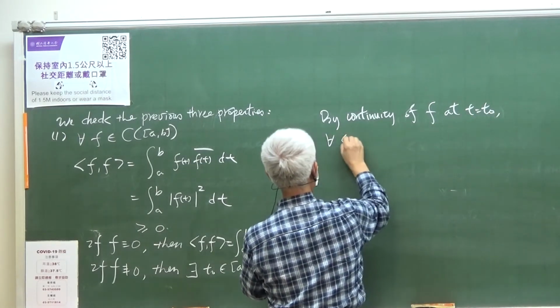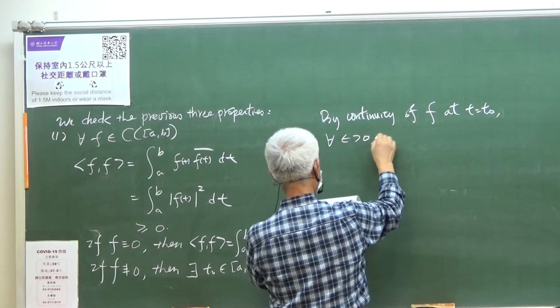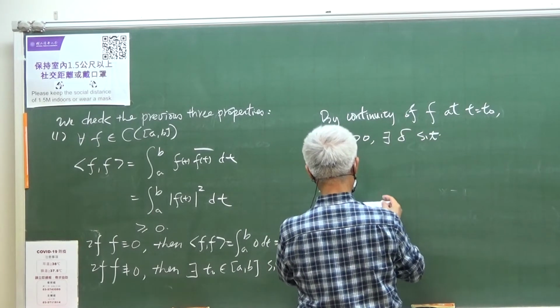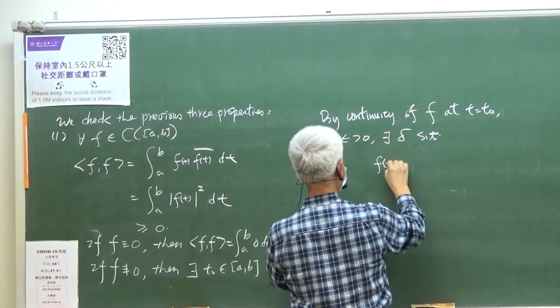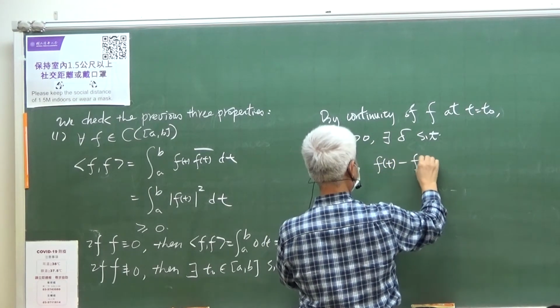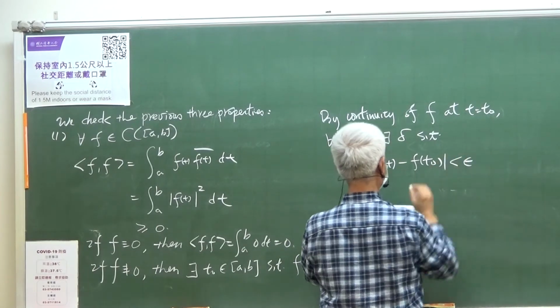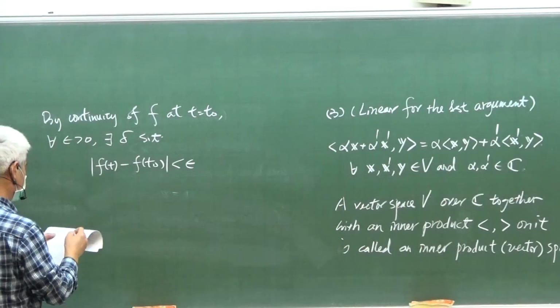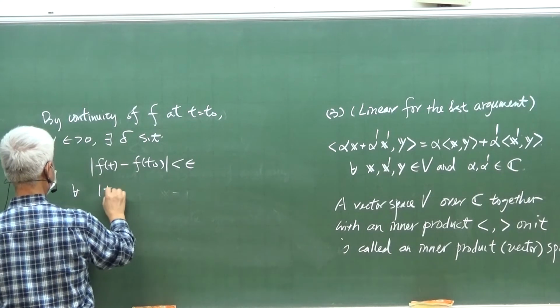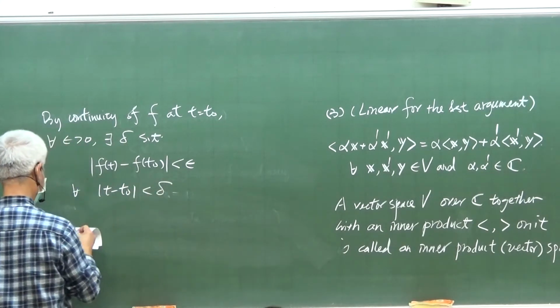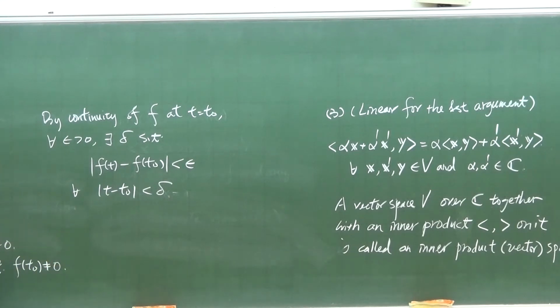For all epsilon greater than 0, there exists a delta such that the absolute value of f of t minus f of t0 is less than epsilon, for all t with |t minus t0| less than delta. Okay?